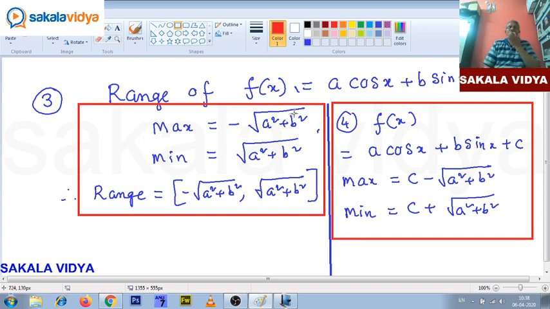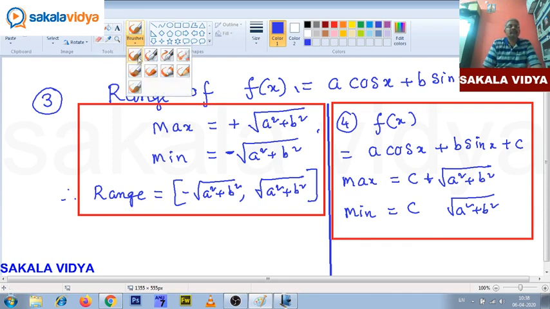Okay, correct. That's correct. Good observation. Wait, I need to change. This will be plus, this will be minus. So, this will be plus. So, this will be minus.